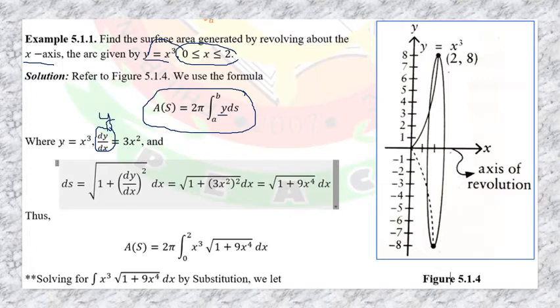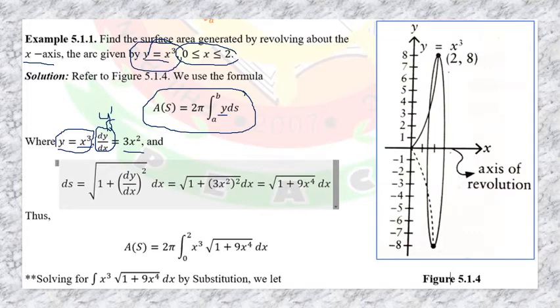Di ba na-discuss din natin yan sa Calculus 1. So, ang derivative ng x cubed class is 3x squared. Kumbaga, ito class is just the derivative of the given function. Given natin na arc na y equals x cubed.